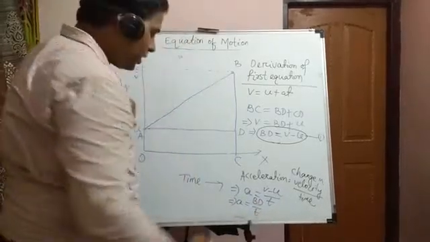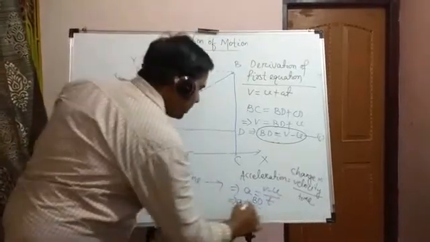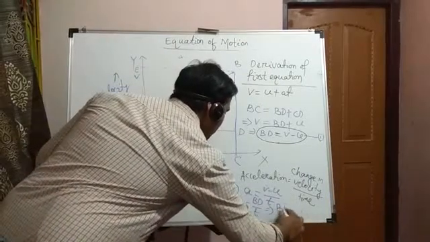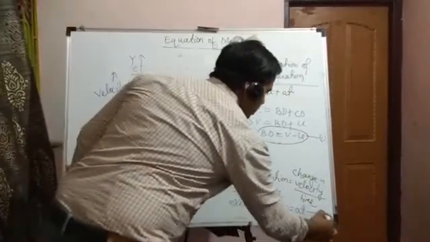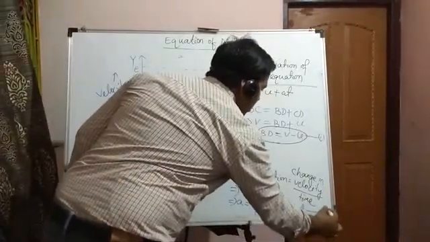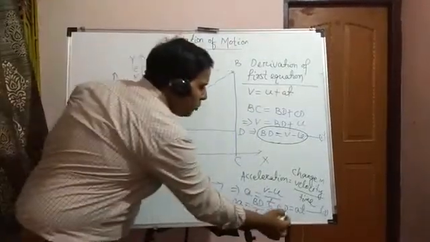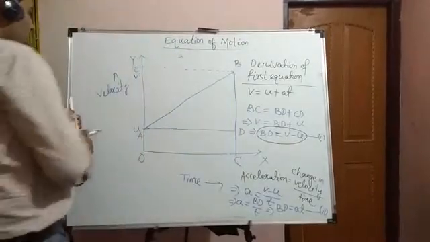Or cross multiplying, BD is equal to AT. This is equation number 2.